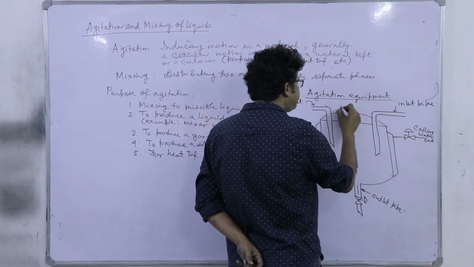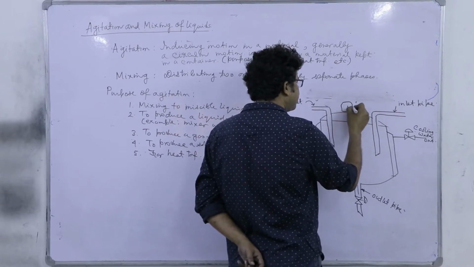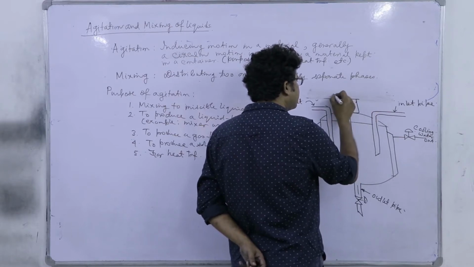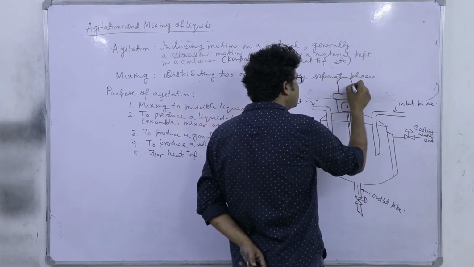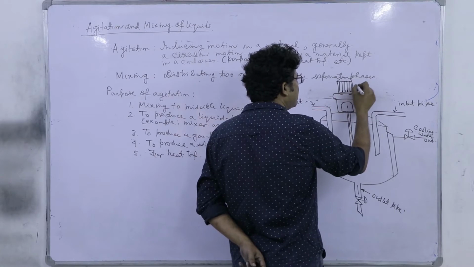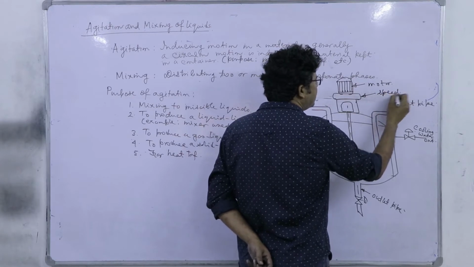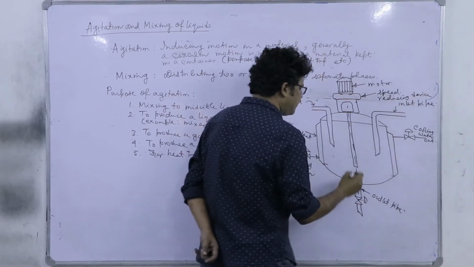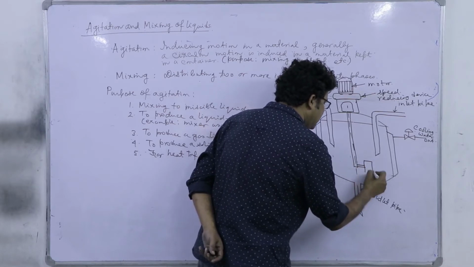And there are arrangements like gear trains, and we have a motor, a speed reducing block, and the shaft here fitted with impellers.